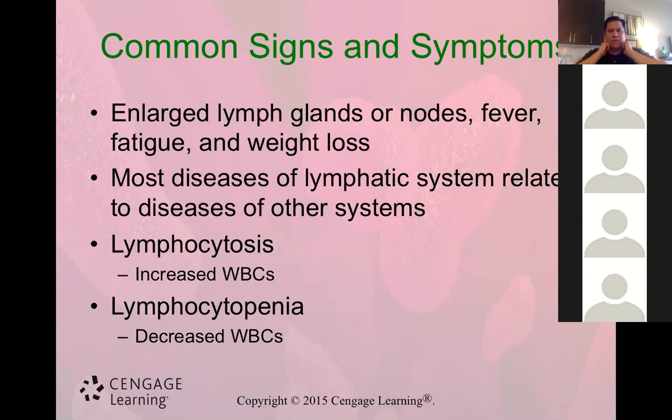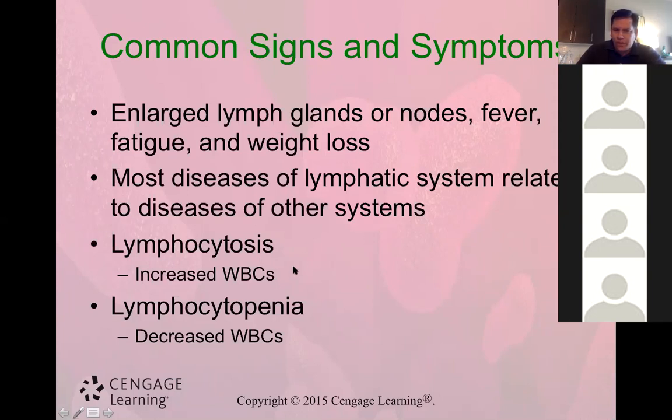When they are inflamed, they are swollen, they are bigger, and you can feel them in the neck, for example, and even in other parts of the body, maybe the legs, the groin. Most diseases of the lymphatic system are related to diseases of other systems.